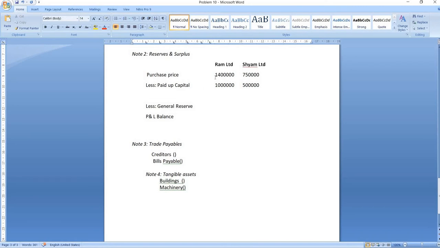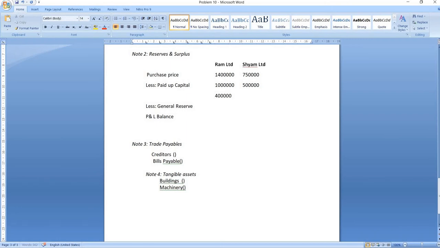Now for Ram Limited, purchase price is 14 lakhs and the paid up capital is 10 lakhs. So here the purchase price paid is more than the paid up capital. So it is capital loss. Why loss? Because purchase price is more than the paid up capital. So there is capital loss of 4 lakh rupees.